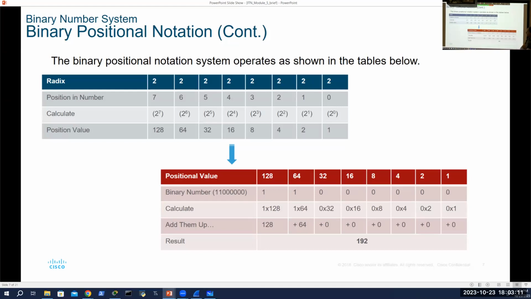So when you get a full octet, your leftmost bit in an octet is the 128th place, and the next one is the 64th place, and so forth. That's how we convert binary to decimal, and we'll see the same thing with decimal to binary.